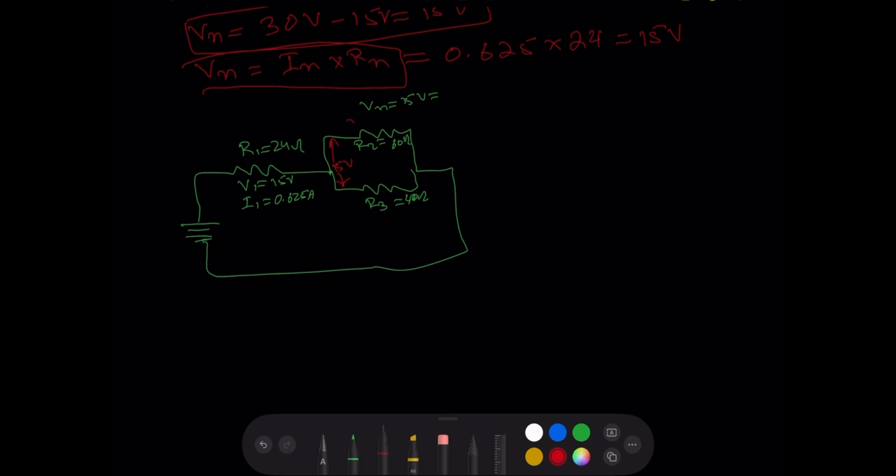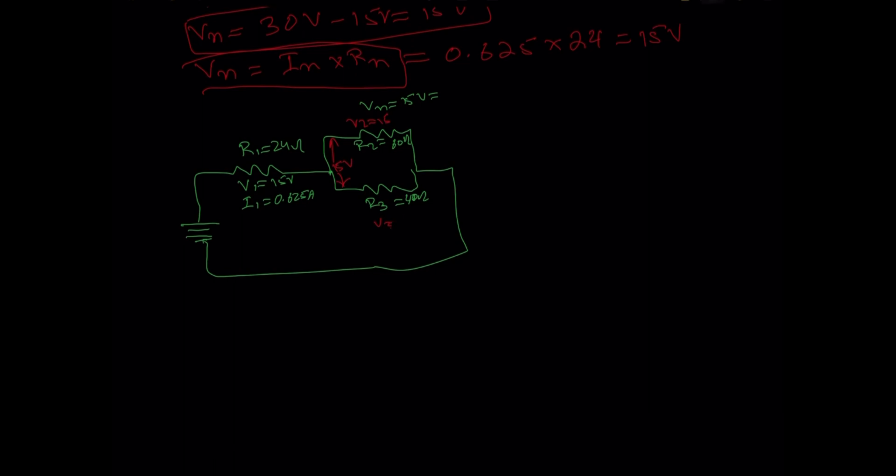So V2 will be 15 volts, and V3 will be 15 volts. Now we have to find I3 and I2 here, and then we will worry about the power too.